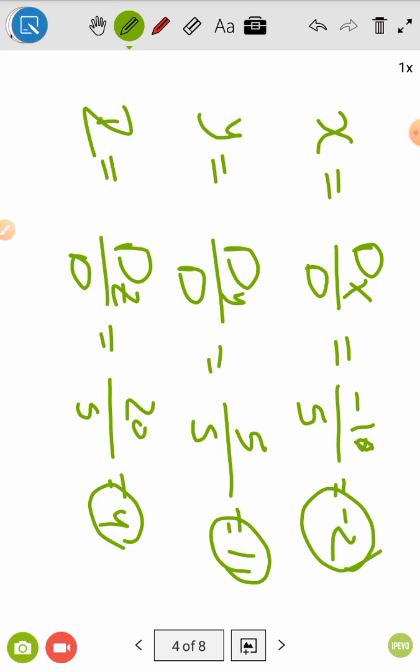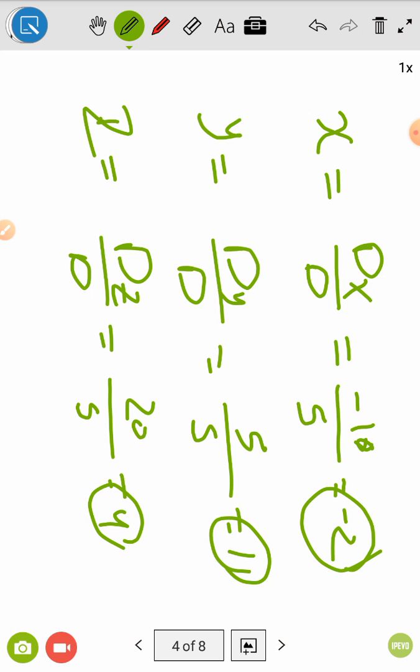The last step, if you would like to make sure your answer is right or wrong, after you get these values of x, y and z, you can easily substitute these values into the three equations given in the linear system to make sure of your answer.